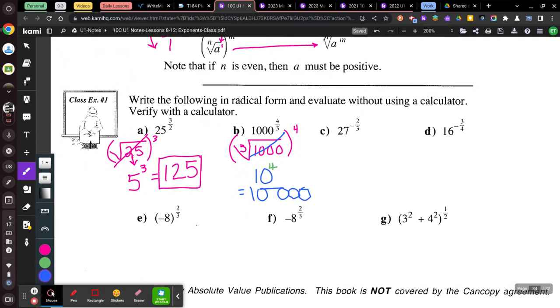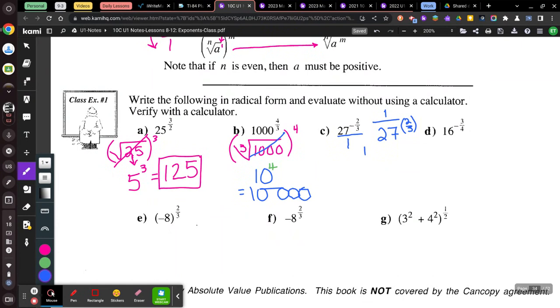All right, the third one, C. It's negative. So first of all, we need to flip that. So this is going to become 1 over 27 to the 2/3. That's what's going on. Now we get rid of that fraction exponent.